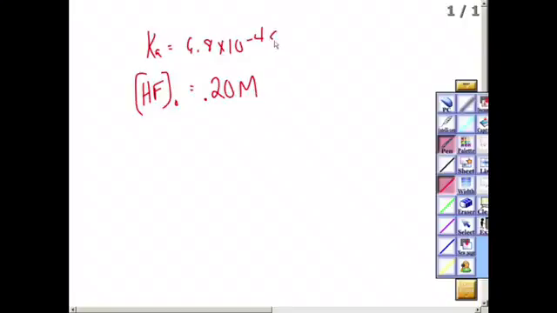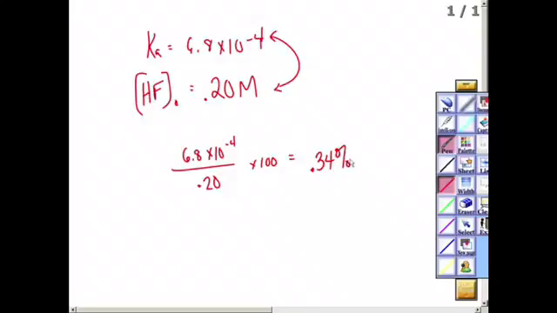So how do these two compare? Basically you take 6.8 times 10 to the negative 4, divide it by 0.20, times 100, and you get 0.34%. So I'm pretty sure that we're safe in ignoring x in this problem.